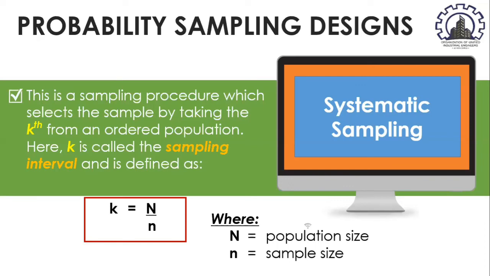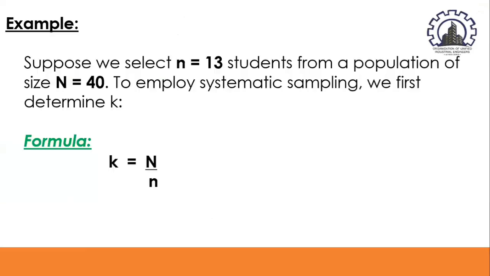In order for us to better understand this, let us have an example. Suppose we select 13 students from a population of 40. To employ systematic sampling, the first thing that we need to do is to determine our k, which is our sampling interval. Remember that the formula of your sampling interval is equal to the quotient of your population and your sample size.